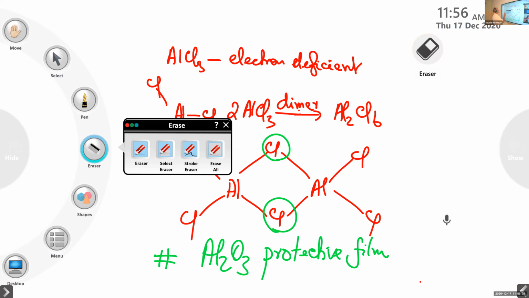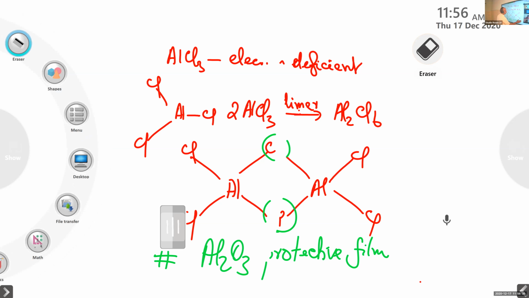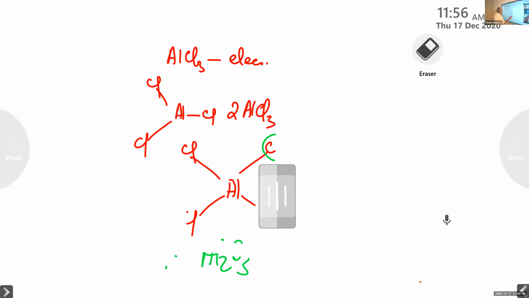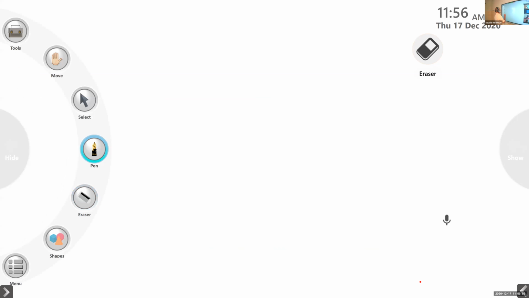Group 14. Which are the elements in group 14? In group 13 we had boron, aluminum, gallium, indium, thallium. Then you go to group 14.